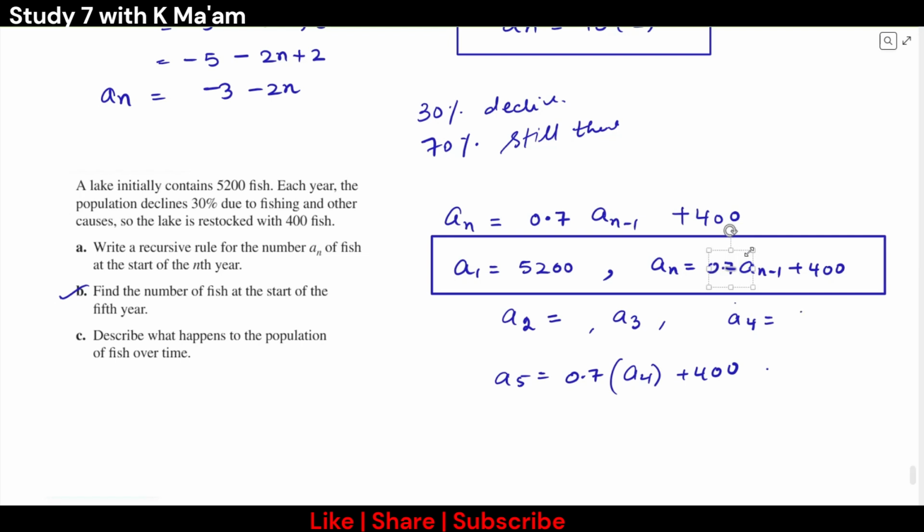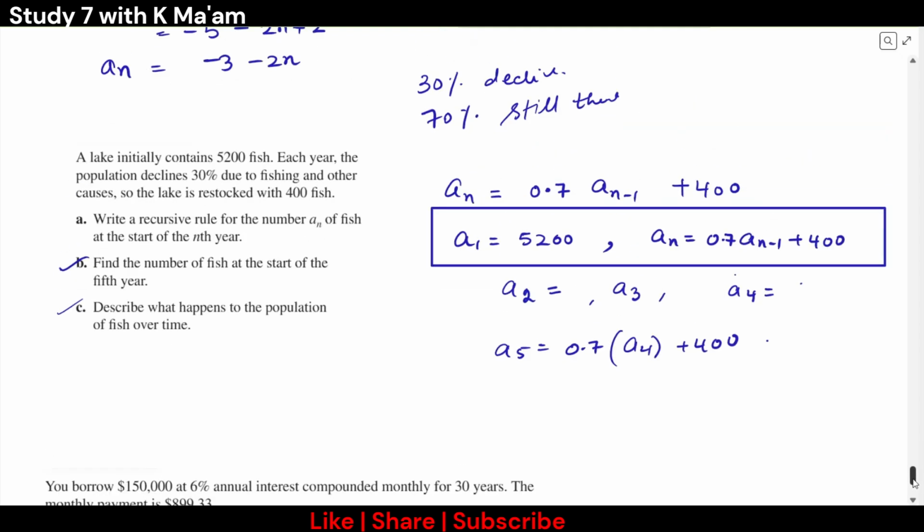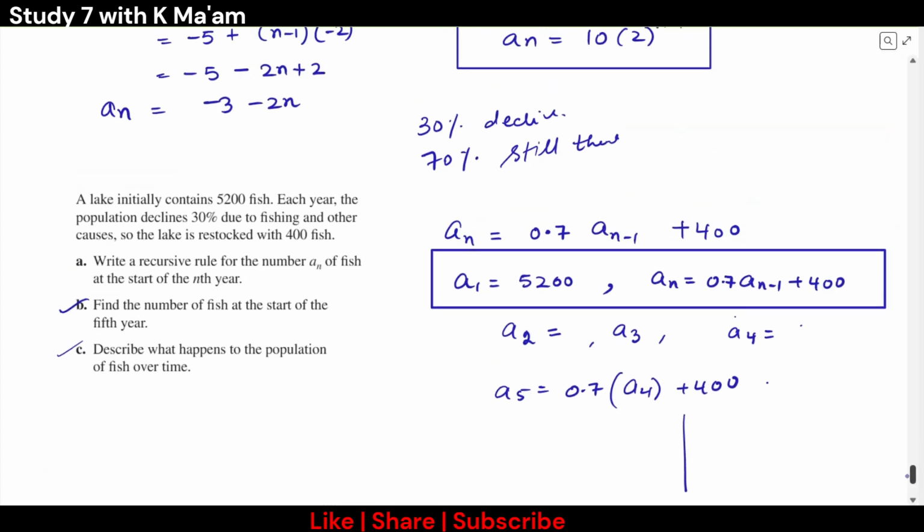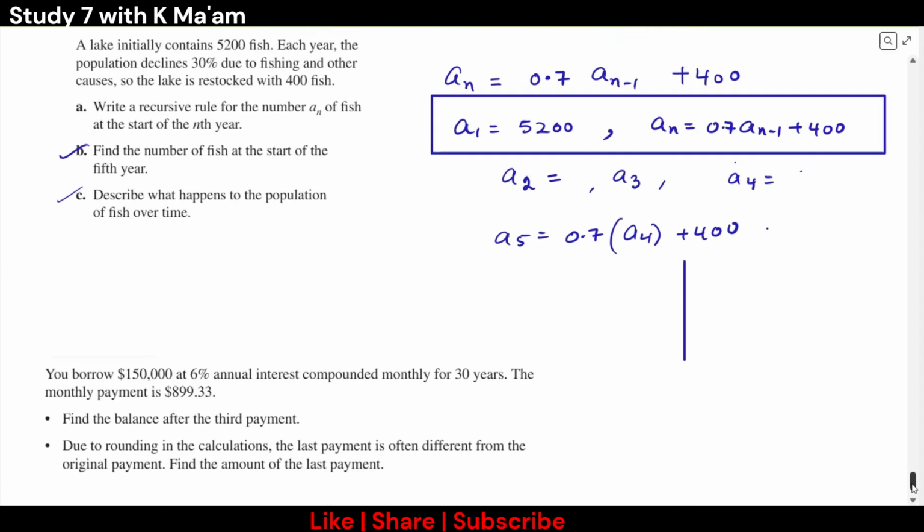Okay. Next, describe what happened to the population of fish over time. We have to draw the graph for this. If we draw, we will get a graph that looks like this.